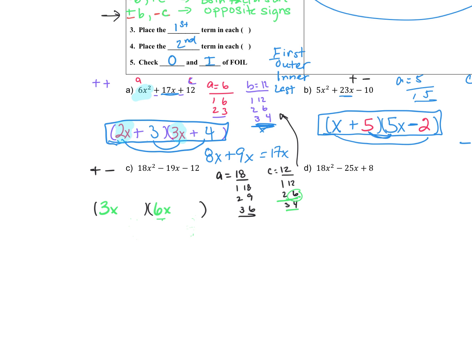Okay? This we cannot use. It has all common factors. So I'm not going to use the 3 and the 6. Okay? So don't use that one. And so we'll just try a different one. It doesn't matter. It's called trial and error.